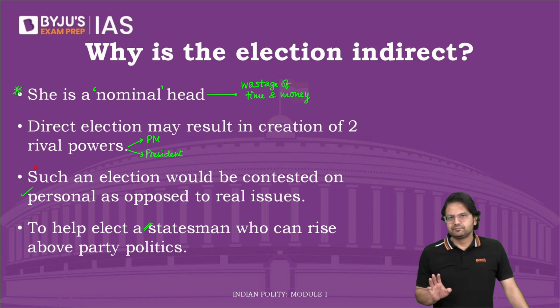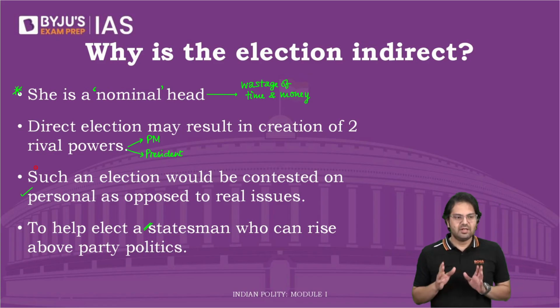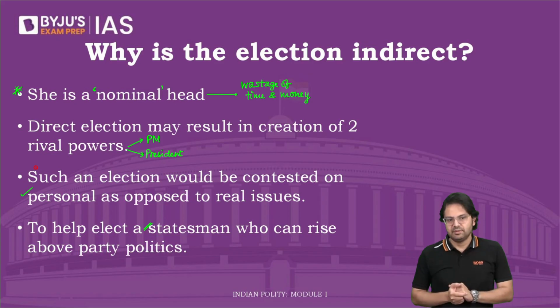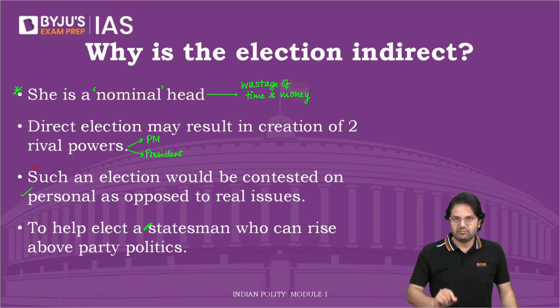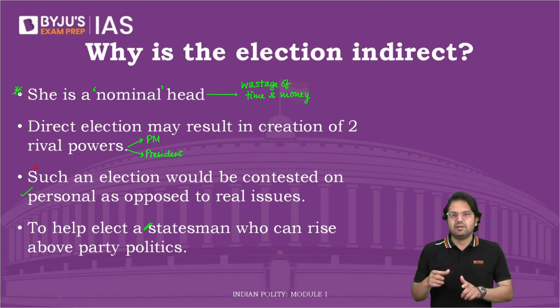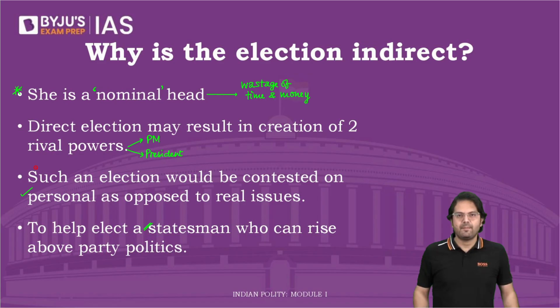Number one, a very important point: when you fill your form, like in the UPSC, you give all the proof, 10th marks, 12th marks, etc. Similarly, when the president fills up the form, one of the very important criteria is that 50 electors have to propose the name.